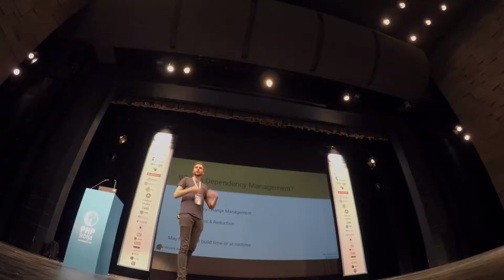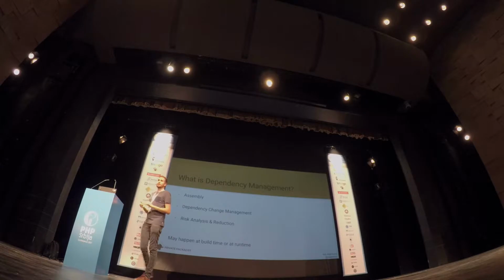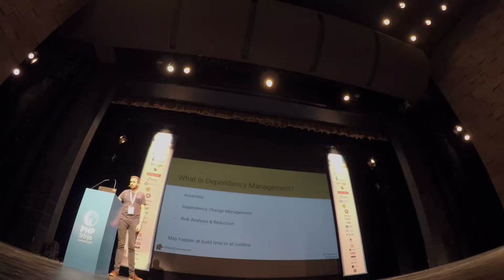And this may exist both at build time. Composer itself, for example, I said is a dependency, which you don't use while your site is running, but during build time. And this may happen at runtime. Let's say your dependency on this OAuth login mechanism is something that happens while the application is running.